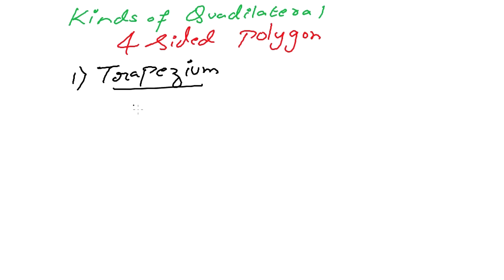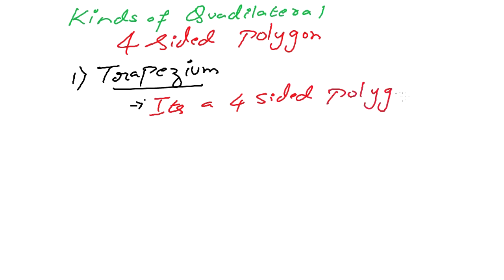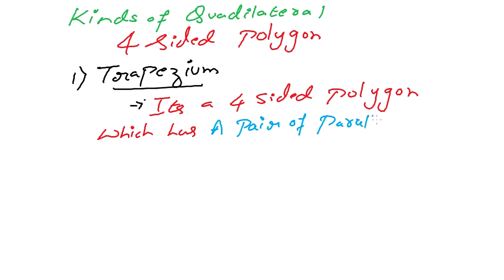A trapezium is a four-sided polygon, also known as a quadrilateral, which has a pair of parallel sides. So this is what a trapezium means. Any figure which has a pair of parallel sides, or two sides which are parallel, is known as a trapezium.